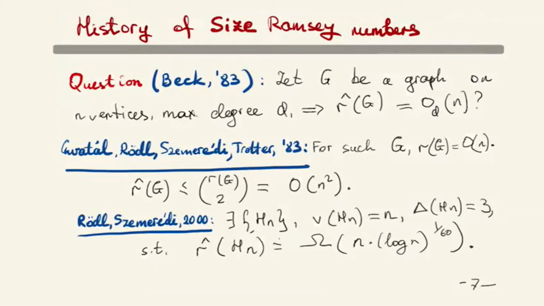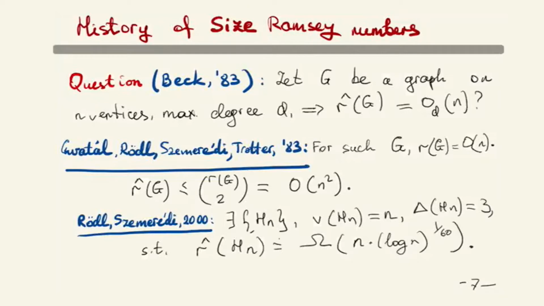So before Beck's question, I guess he knew that any graph G of bounded degree has size Ramsey number somewhere between linear and quadratic, but nothing more. We didn't know if there actually are such graphs which have bounded degree and nonlinear size Ramsey number. And that's where the work of Rödl and Szemerédi comes in. They showed that actually Beck's question has a negative answer.